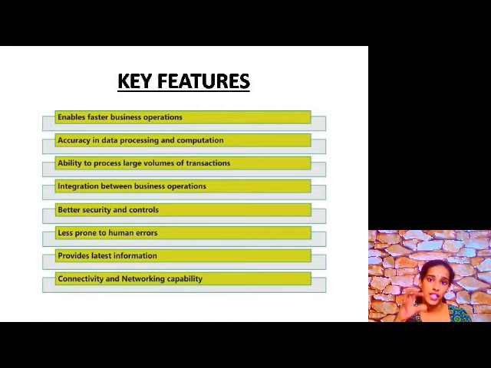Even, say for example, in a bank audit itself, when one of the branches is doing the audit of the head office, it can obtain the books of accounts for all the different branches in a split of a second. So better connectivity and networking capabilities are provided if I implement a suitable ERP system. So across different branches, across different departments, I can utilize the particular data, and there is no waiting time.